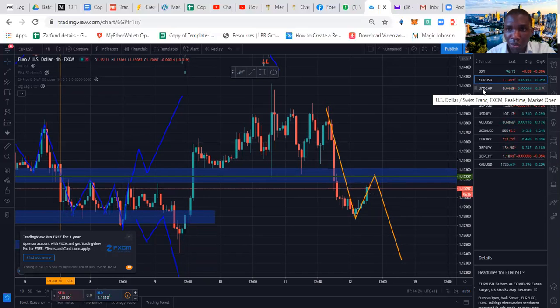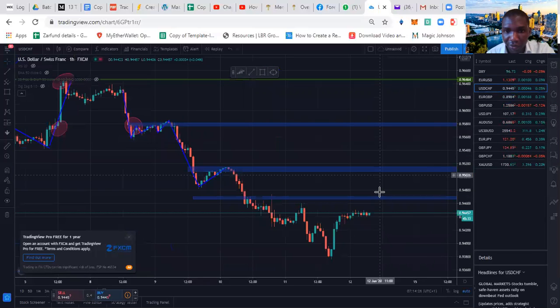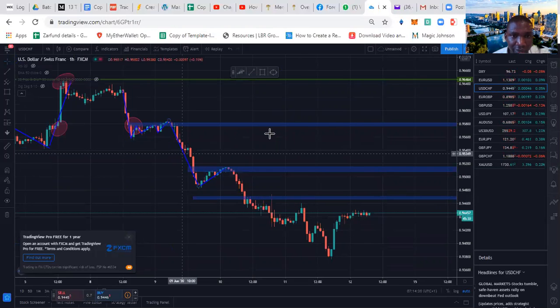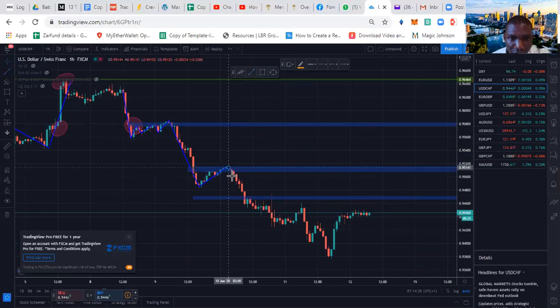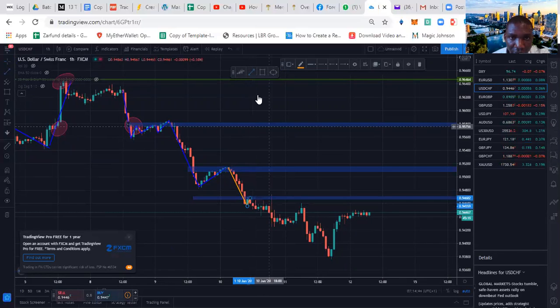Okay. So let's go to USD CHF. So USD CHF, let's do some structure work here. All right. So now you see this move down here. So we have a structure here. That's a previous structure we had before.